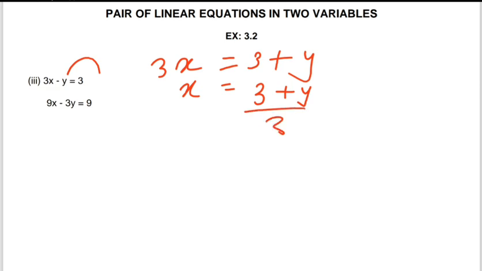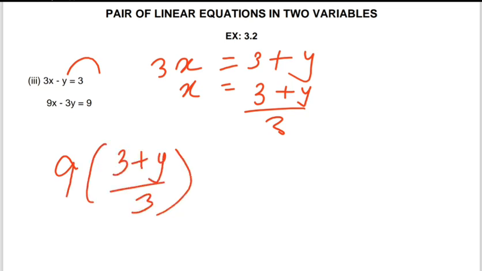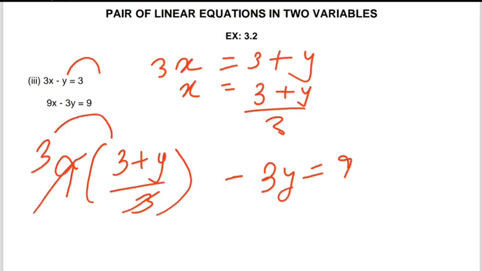Now putting the value of x in the place of the second equation: 9 into 3 plus y by 3 minus 3y is equal to 9. So we are cancelling this 3 and 9. 3 3s are 9. If you multiply inside the bracket, 3 3s are 9 plus 3y, minus 3y is equal to 9.